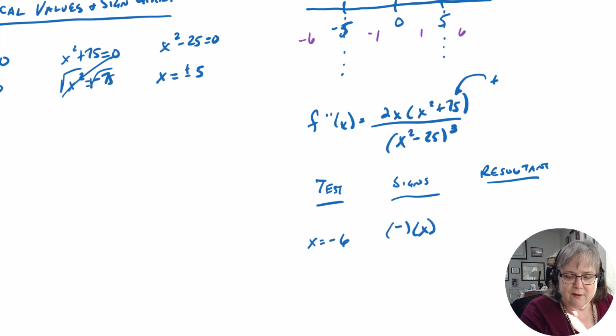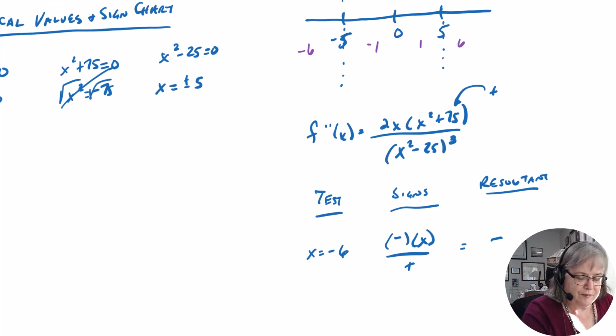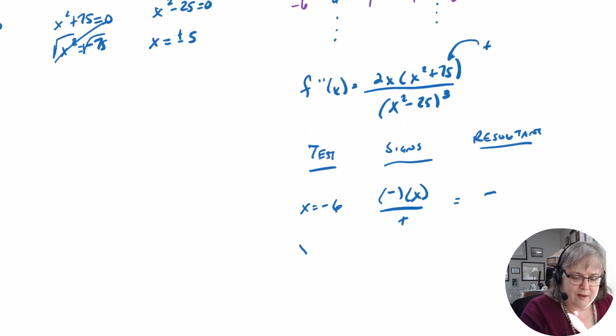Remember, this second factor on the top is always positive, and -6 squared is 36 minus 25 is positive. Positive cubed is still positive, so this is negative. Right? Then if x is -1, 2 times -1 is negative. The second factor is always positive. -1 squared is 1 minus 25 is negative, and negative cubed is still negative, so this is positive.